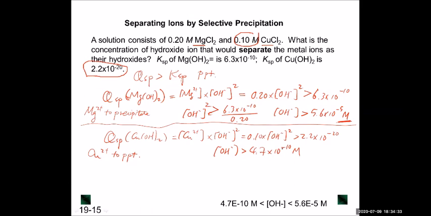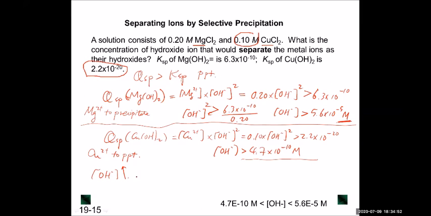When you increase the hydroxide, it will hit this mark first.